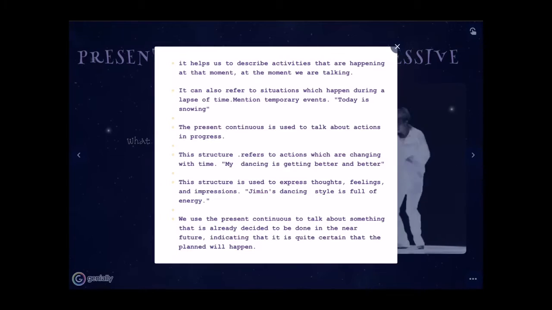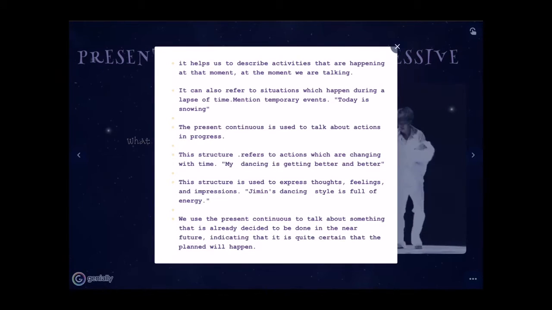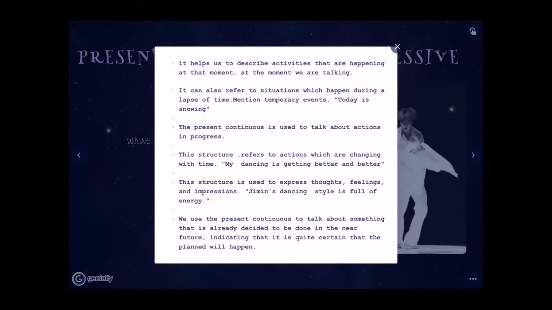are happening not necessarily in this moment. Like if I say I'm studying at CCH Vallejo, maybe at this moment I'm not studying, but I'm studying in CCH Vallejo. Okay.